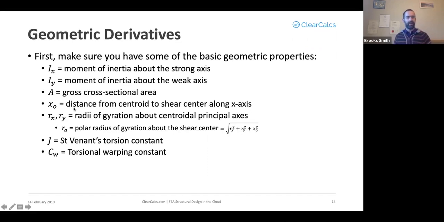So x naught is the distance from the centroid to the shear center. Radii of gyration, about both your principal axes as well as the polar radius of gyration. St. Venant's torsion constant and torsional warping constant. All of that you need. I'm not going to go through how to derive those. If necessary, if you're using a very custom section, you probably want to use some program to help you derive all of these.